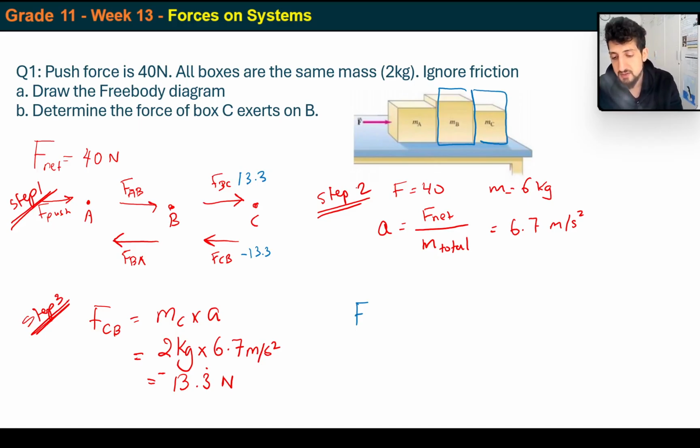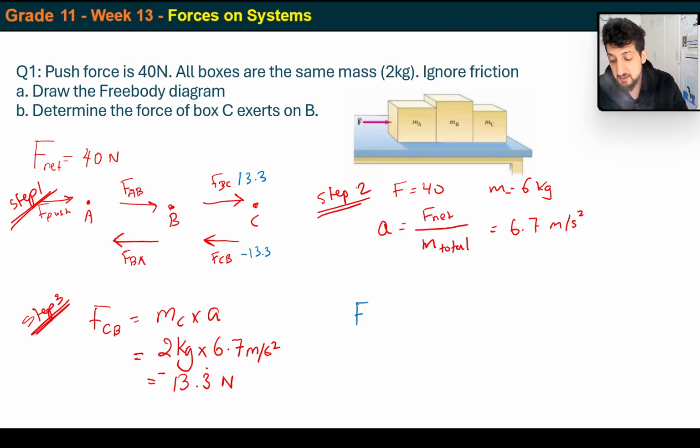Why is that? Because I'm looking for this force here, right here at the barrier, that B is exerting on A. But you see, B is not just B. B has got C attached to it. So it's going to be those two together pushing against A.